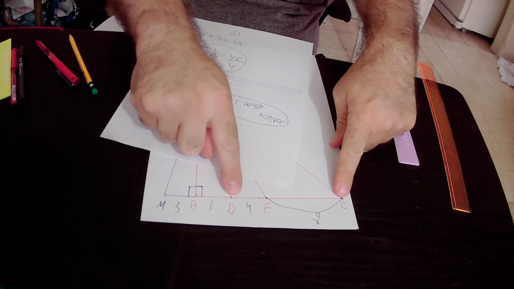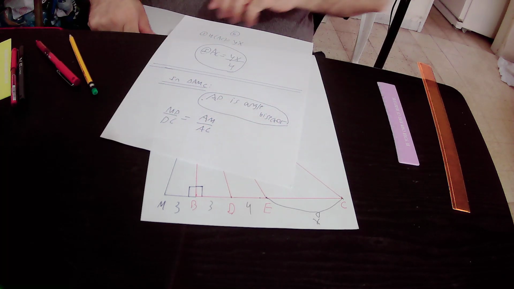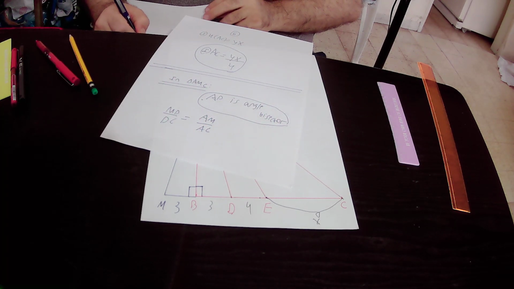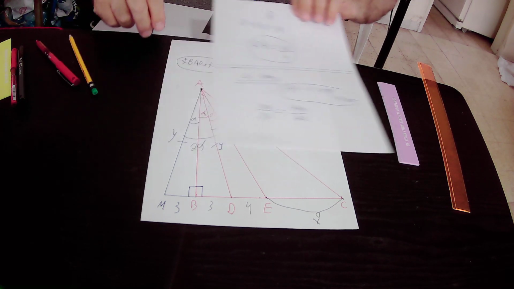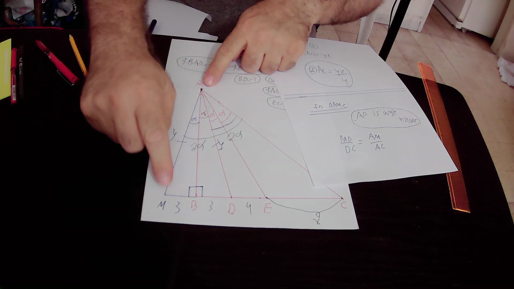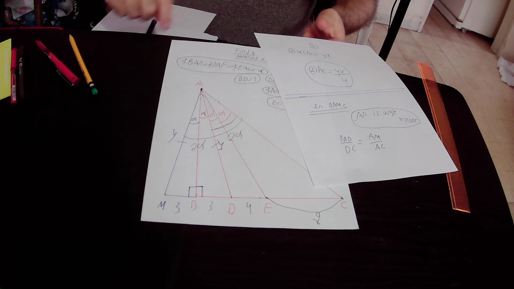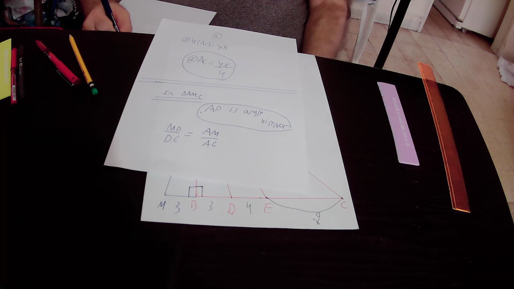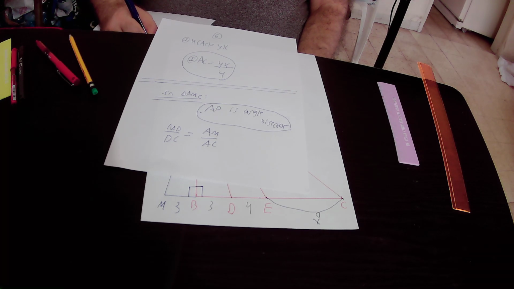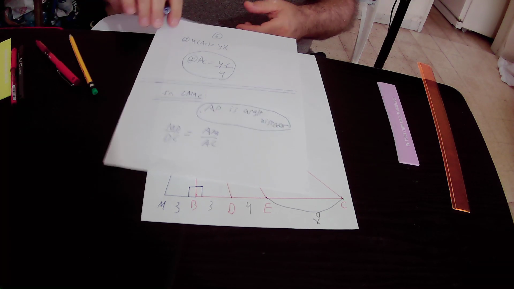DC equals 4 plus X. What is the value of AM? AM equals Y according to our definition, over AC. So in total, this is actually equation number 2.